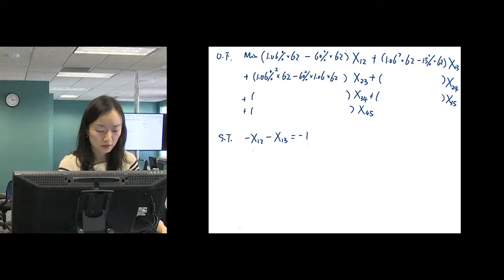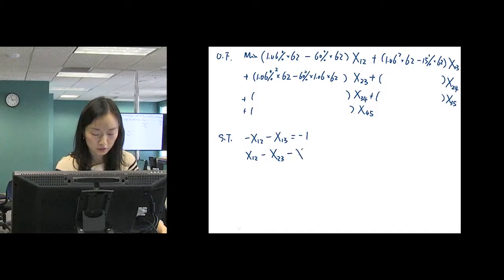Okay, and then for node 2, inflow minus outflow: it can go to 2, 3, and can go to 2, 4. And all of these middle transshipment nodes have a demand of 0.